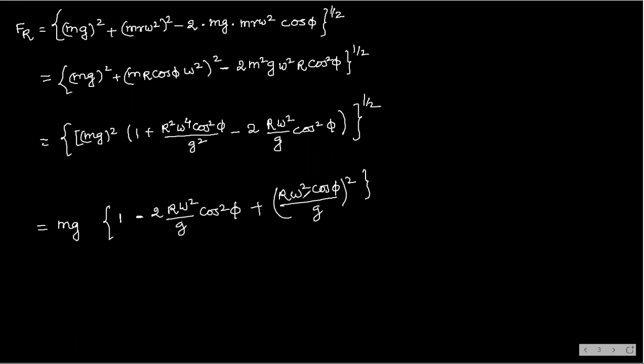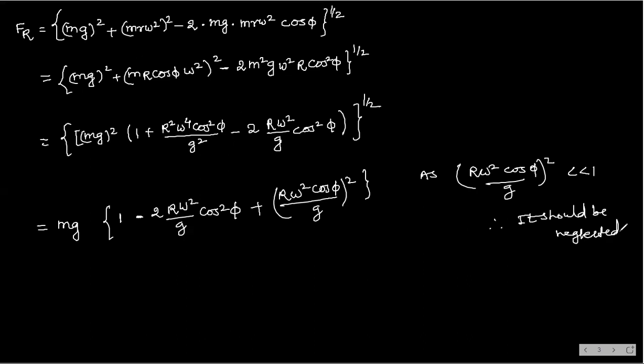I am neglecting this because this is very, very small, as r omega square cos phi by g whole square is very, very much less than 1. Therefore, it should be neglected. Yes, no?